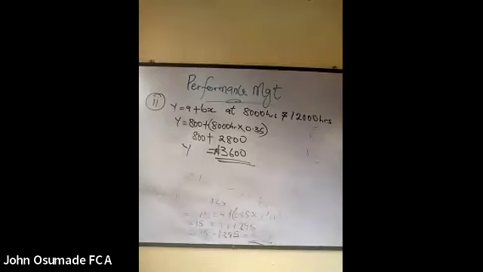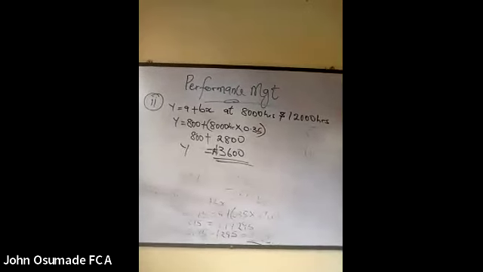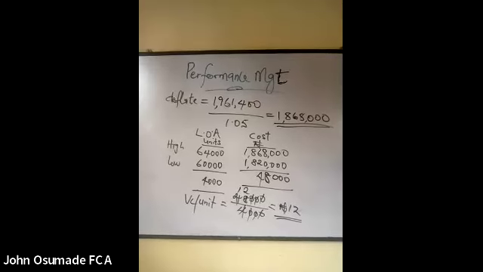Having done that, we get the corrected figure of 1,868,000. I can go ahead and use my high and low method to separate the cost in order to obtain the fixed cost.